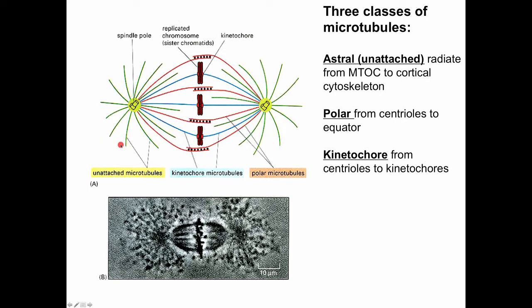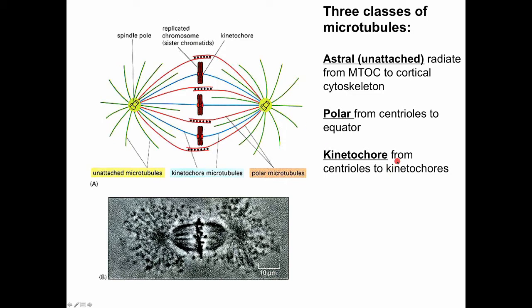There are polar microtubules that emanate from the centriole, and they find microtubules that are emanating from the opposite centriole, and the little black circles that are shown here are meant to represent microtubule motors, and these microtubule motors play an important role in movement of the spindle.